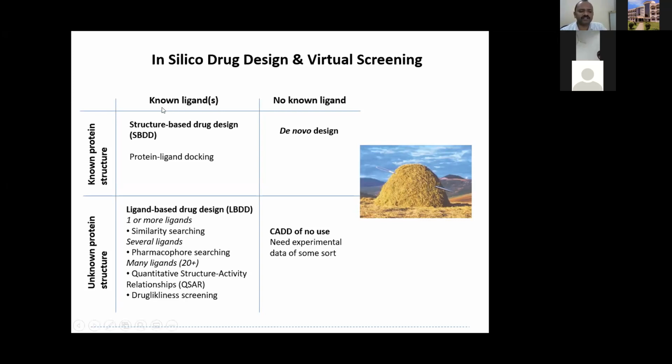So amongst these four quadrants, one is that the protein structure is known and the ligands are known. This is the first quadrant. That means the protein structure is known and the ligand structure is also known. So then what we do is the structure-based drug design technique, since the structure is known.